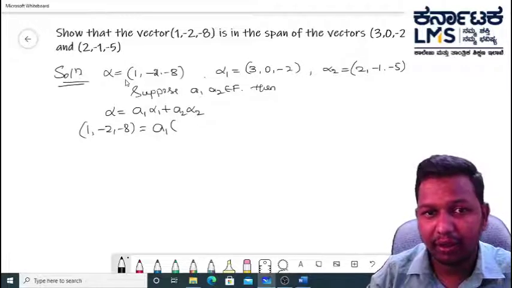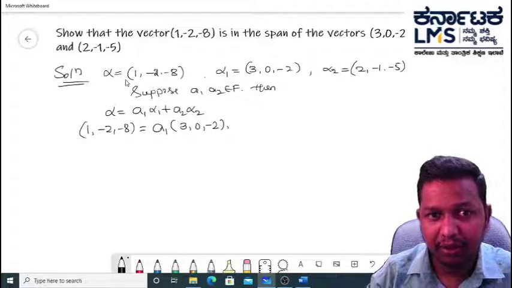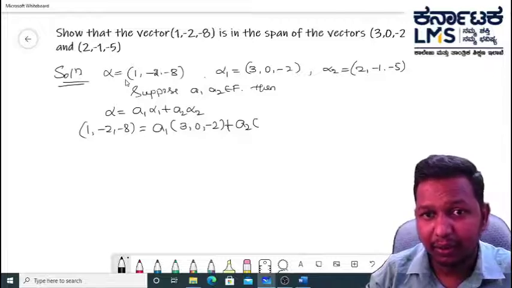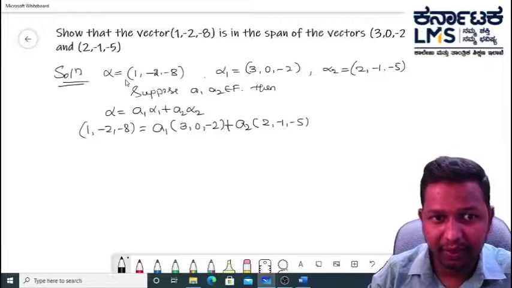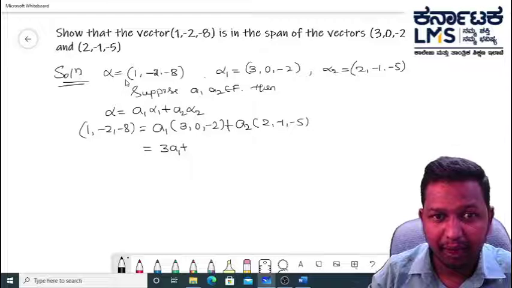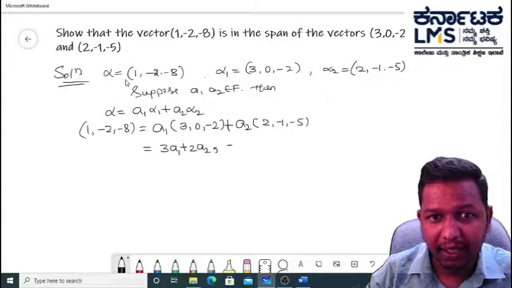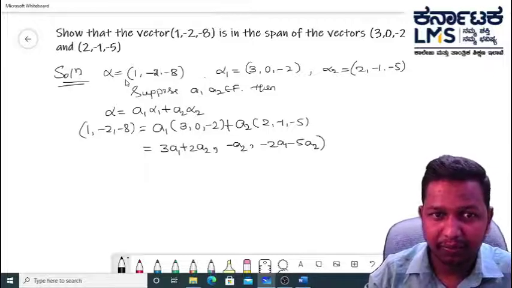Substitute the value of alpha 1, (3, 0, -2), plus a2 into alpha 2 value (2, -1, -5), which equals (3a1 + 2a2, -a2, -2a1 - 5a2).